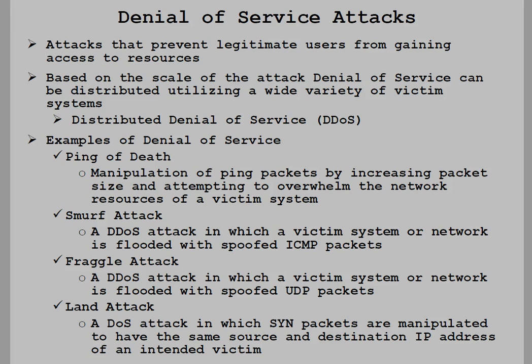Well, a denial of service tries to perform a buffer overflow. By giving something too much to handle, hopefully it can get that device to behave in a way that was unexpected.